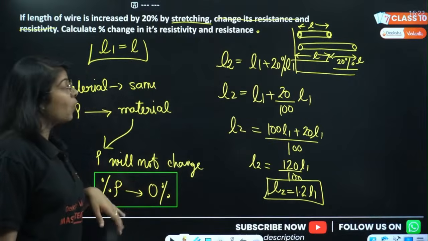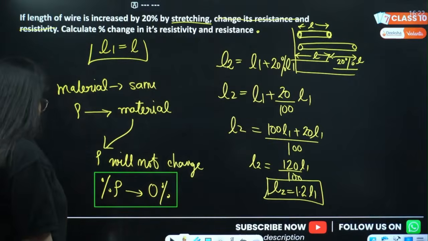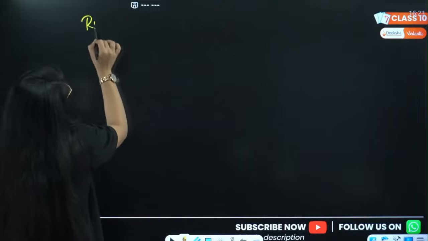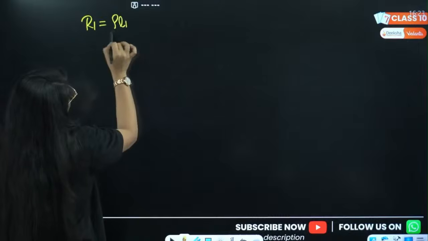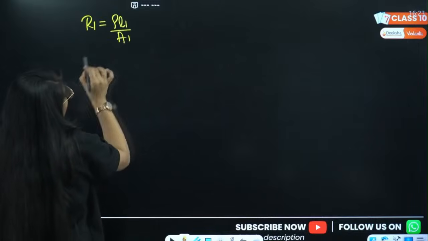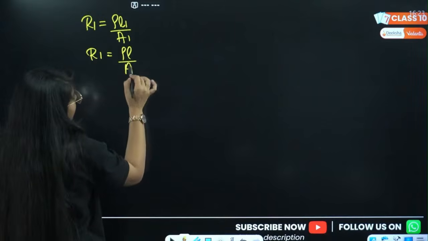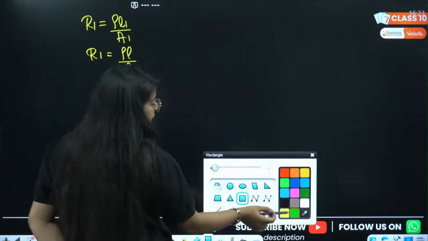Now we have to find the change in resistance. R1 was rho L1 divided by A1, simply rho L by A. There is one more important thing.